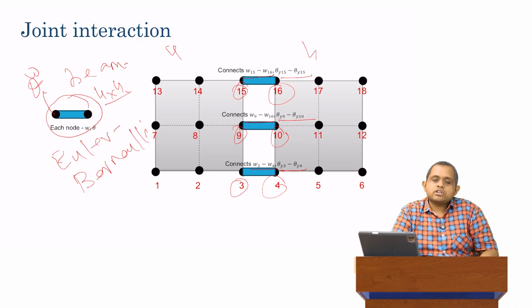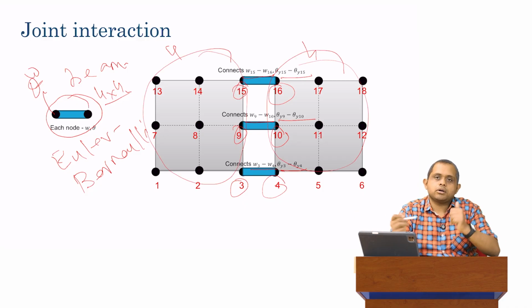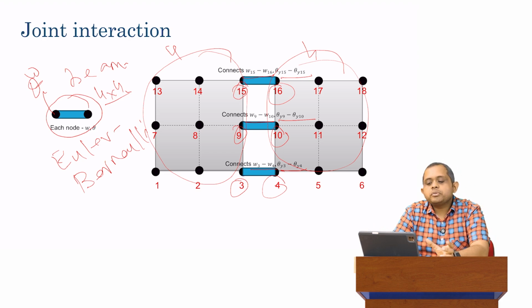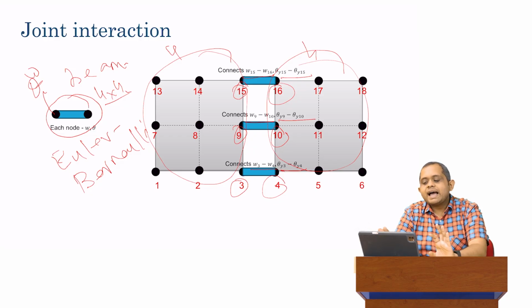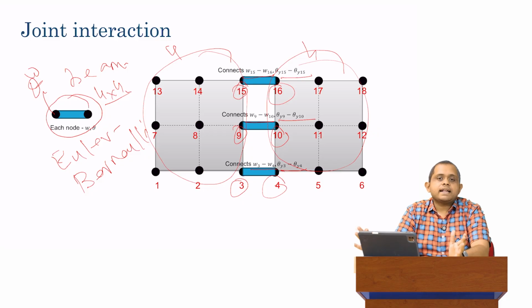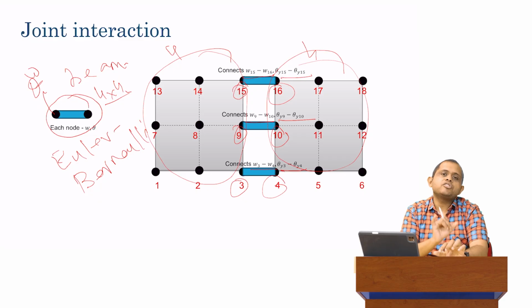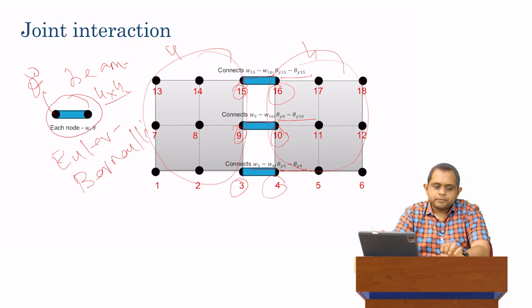So if I have the global stiffness matrix separately of the slabs, which I can then assemble together, then all I have to do is take the stiffness matrix of this Euler-Bernoulli beam, and just assemble it into that global stiffness matrix at these corresponding degrees of freedom. And then that global stiffness matrix now includes the physics of both the slabs as well as the physics of this dowel bar, which is modeled as a beam, which is connecting these nodes across a joint.